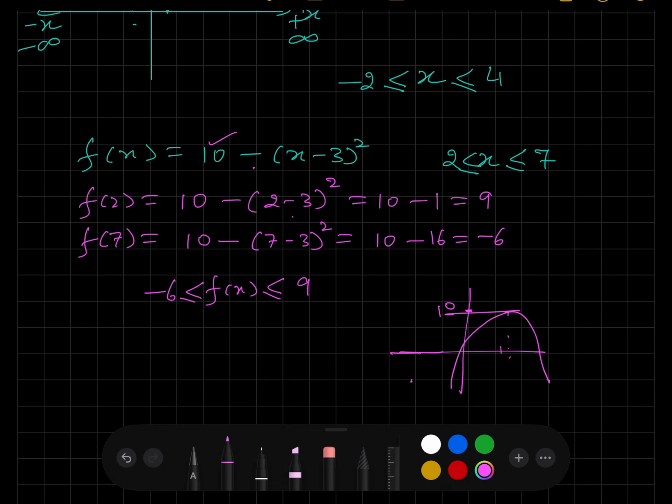This is my 3 here. We have been asked for 2 to 7 only, so maybe somewhere here, 2 to 7. At 2 our value will be 9, and then at 7 it goes down. Understood? This is how we find the range.